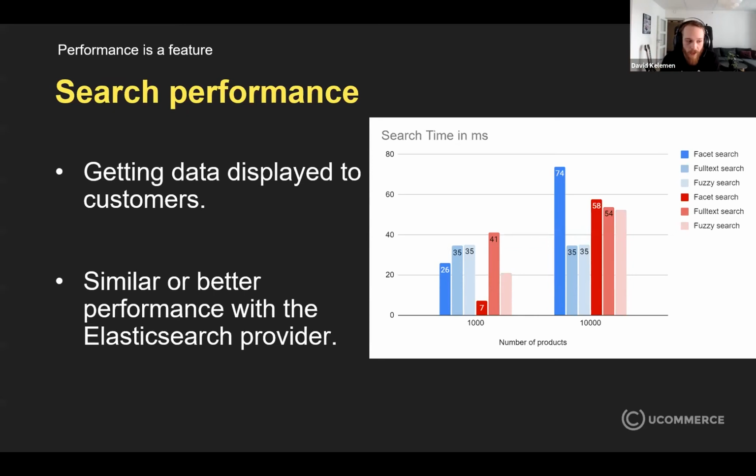And the third one, obviously, complexity. Like I said before, we try to make it as simple as possible, but you do need a developer for a brief amount of time to configure, firstly, the search server, and secondly, Ucommerce to connect to it. So there are definitely many web shops that might see the Lucene provider as the better option.